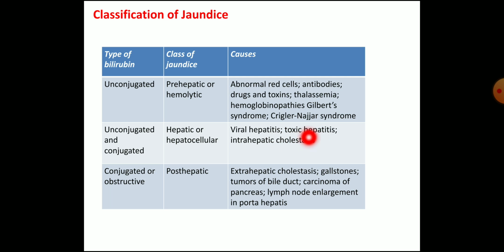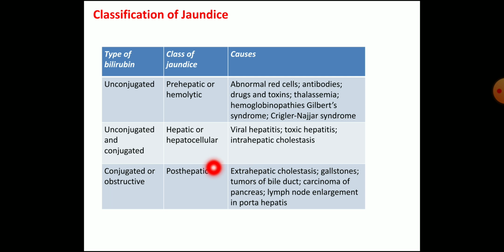There may also be intrahepatic cholestasis, that is accumulation of bile due to some intrahepatic causes, either infection or inflammation. So whenever there is any liver disease affecting the liver cells, with infection and inflammation, that will cause hepatic or hepatocellular jaundice. In this case, both conjugated and unconjugated fractions of bilirubin will be elevated.